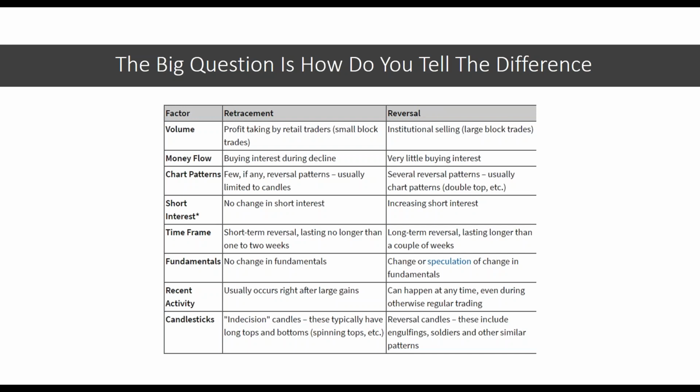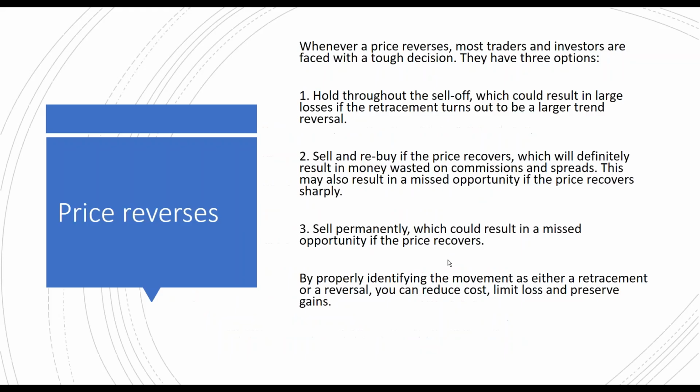And you can look for these patterns to occur when you don't have any of them, but you need to be able to compare. So when you see the price easing down in an uptrend, you need to pull out your little diary and say, okay, let's look and see if any of these are existing, and let's see if we can determine whether this is a retracement or a reversal.